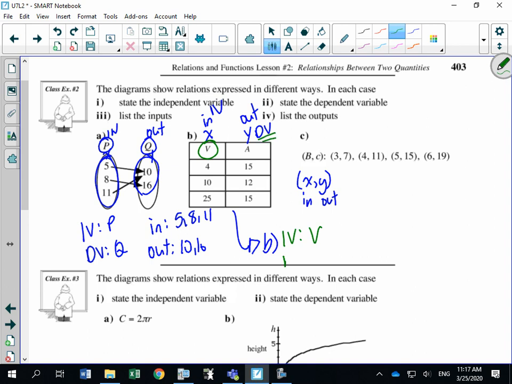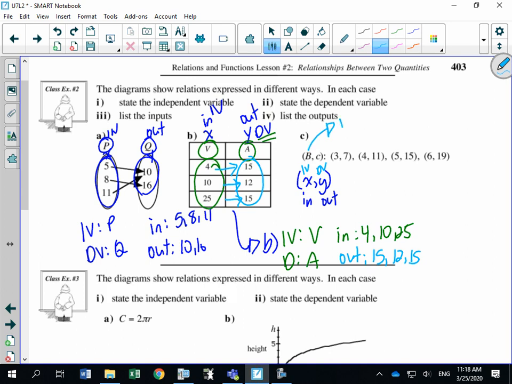My dependent variable is A, amps. Then they want my inputs. So they're going to input a 4, a 10, and a 25, and they want the outputs. When you input a 4, a 15 will spit out. When you input a 10, a 12 will spit out. And when you input a 25, a 15 will spit out. Okay, they've listed it as ordered pairs.